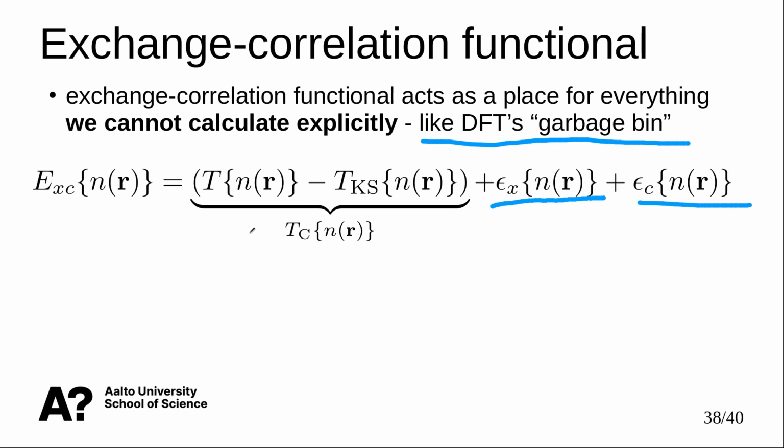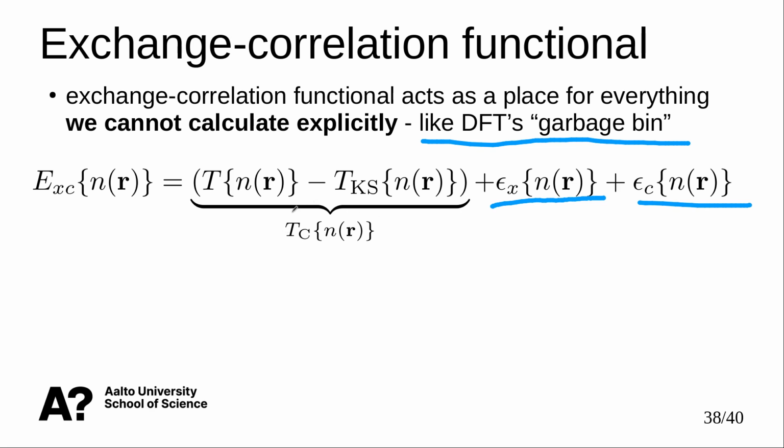And now what I said with the Kohn-Sham formalism is, right, we get the kinetic energy from Kohn-Sham based on the non-interacting electron description, which doesn't necessarily need to be the true kinetic energy of a many-body interacting system.